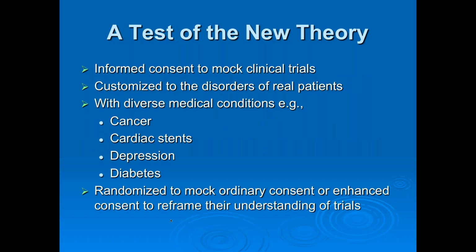And these were all delivered on a computer so that the researcher who was recruiting the subject didn't actually know which arm of the study they went into. So we did, like any other clinical trial, try to get rid of external variance.